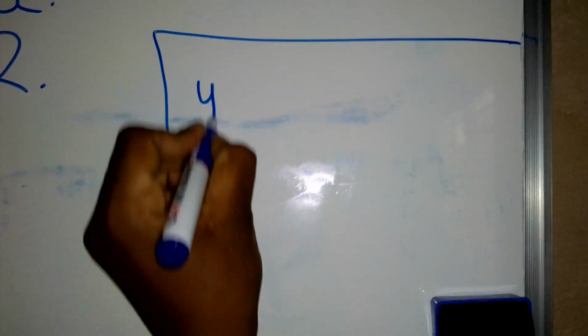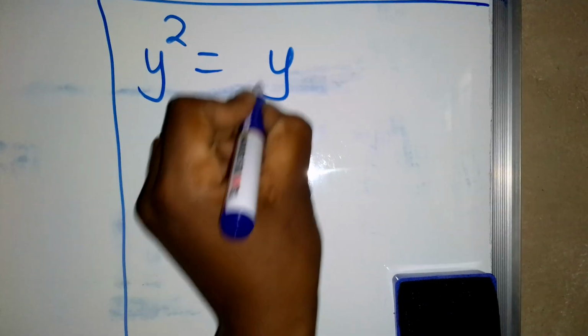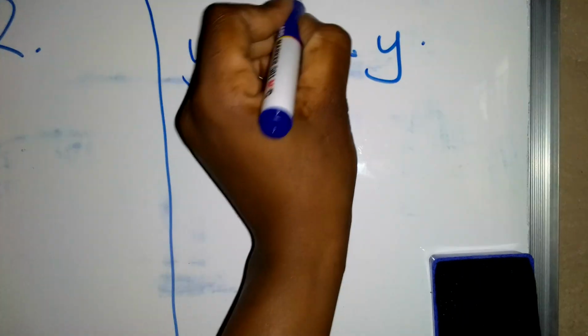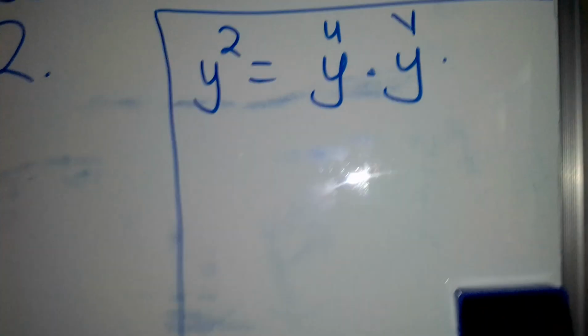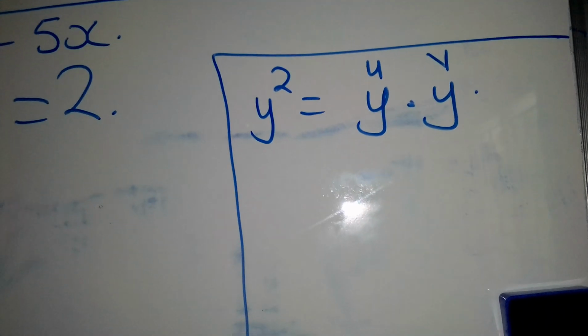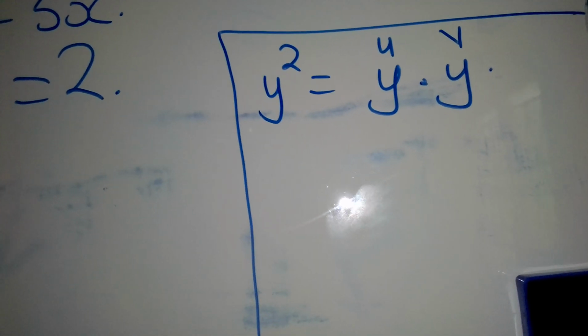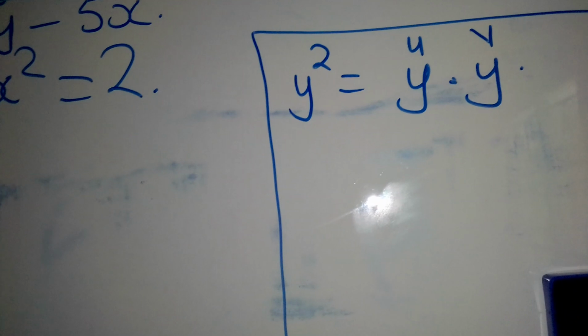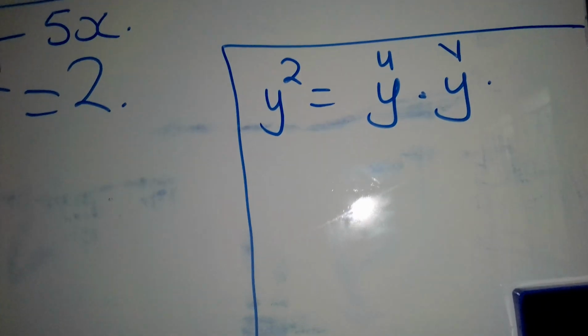We have y squared. Y squared is just the same as y times y. This becomes our u, this becomes our v. We can differentiate it using the product rule.